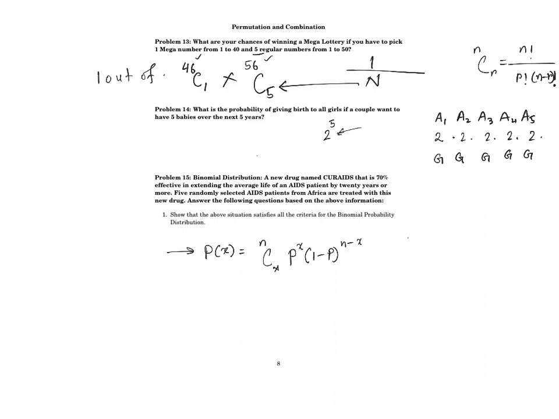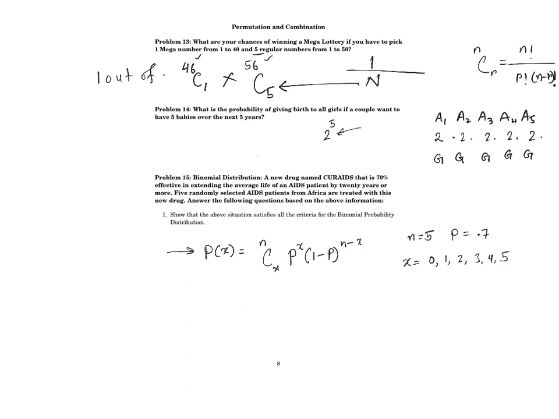Here n is going to be the number of patients, 5. P is the probability of success, which is 70%, 0.7, and x would be one of these values. Okay, 0, 1, 2, 3, 4, 5.